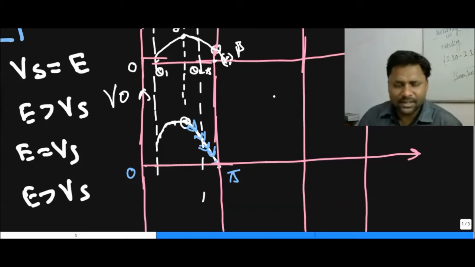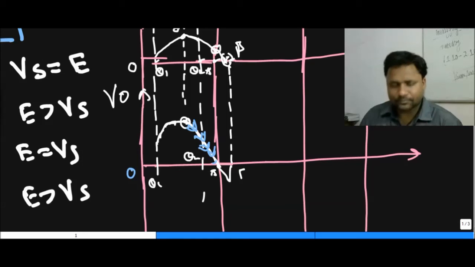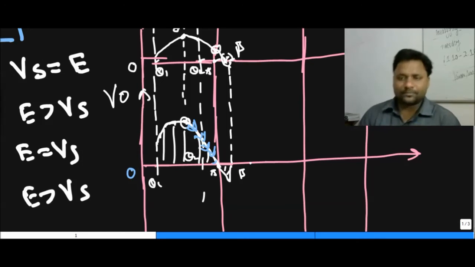I think it will be observable: theta 1, theta 2, pi and beta. Similarly, the inductor discharges the energy up to the point beta. This is the waveform that we are obtaining for the output voltage.